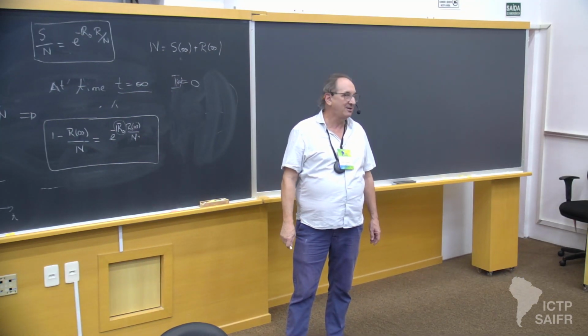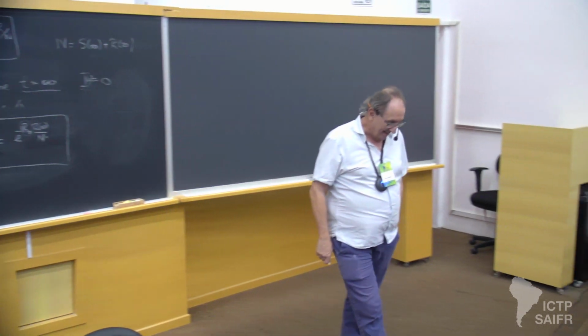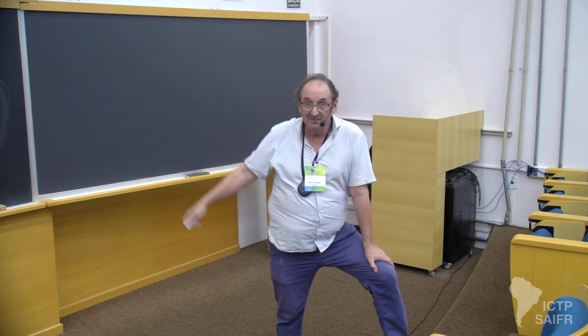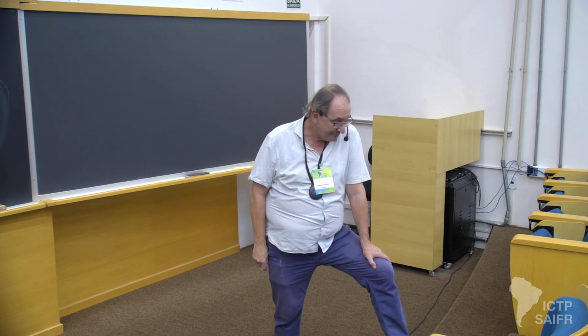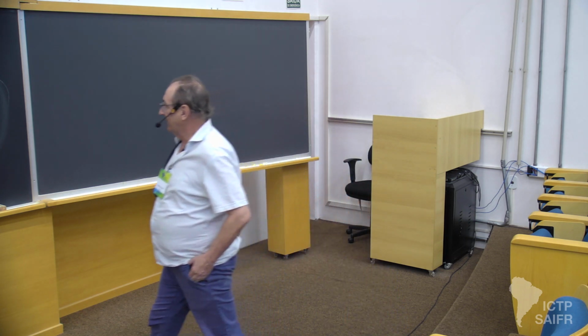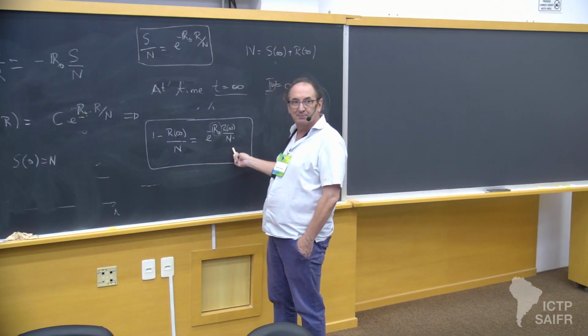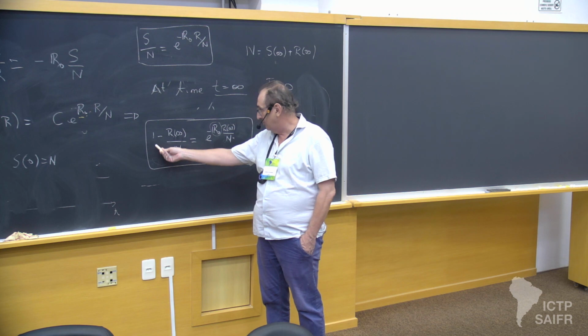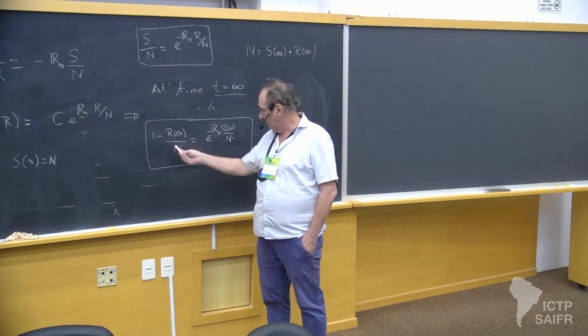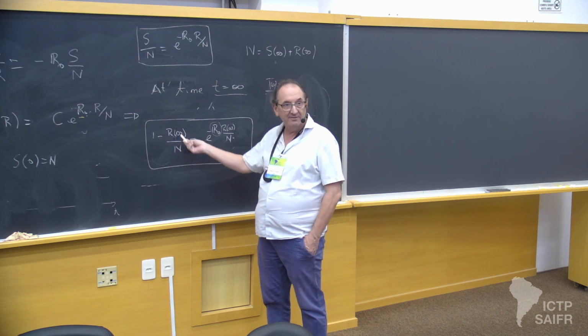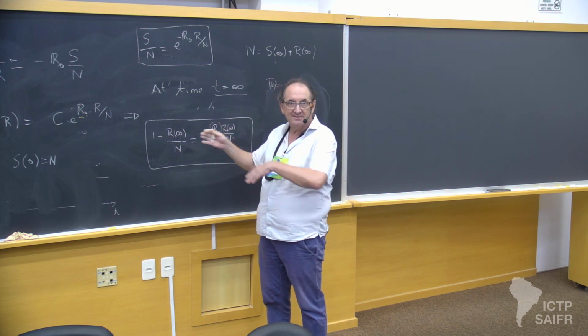So you can use your favorite mathematical apparatus, numerically solving this for many values of R0. I have a decaying exponential that has to be equal to a linear line, and when they cross, you have the solution.